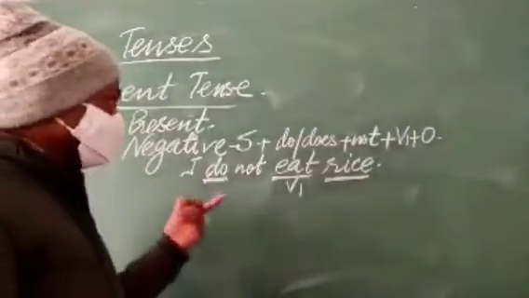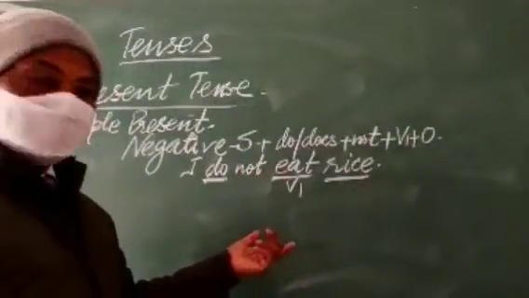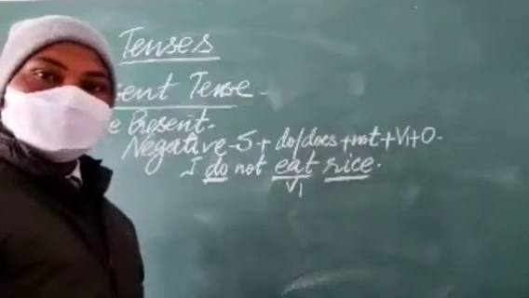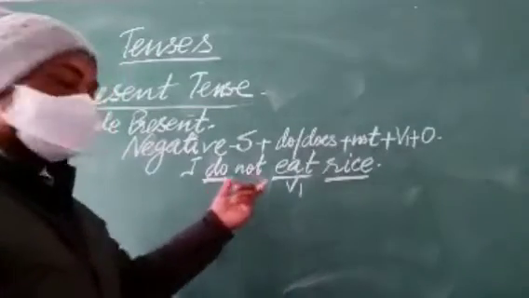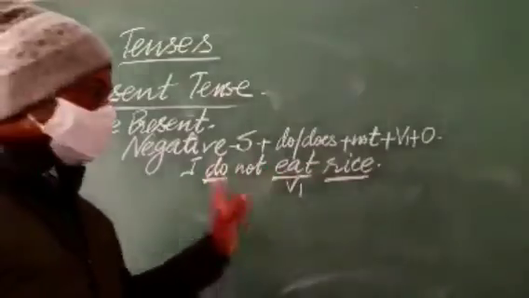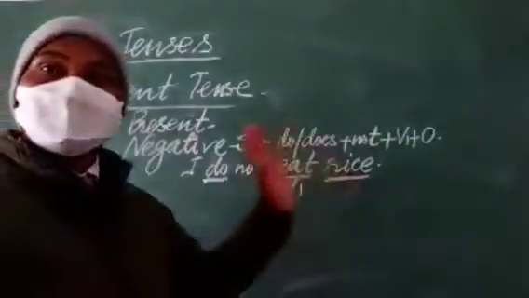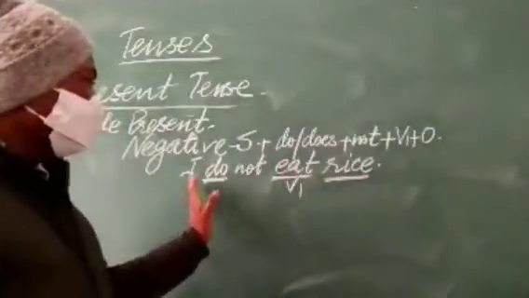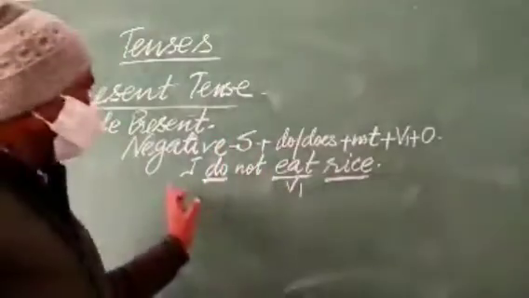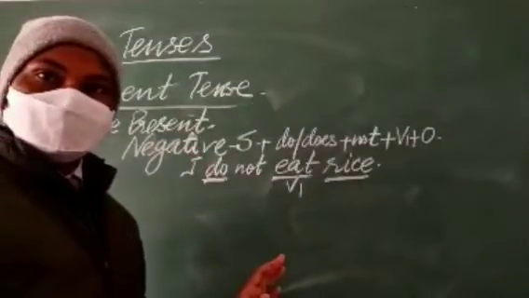And if I tell you to change the sentence into affirmative, if you change it in affirmative, then it will be I eat rice. So, I do not eat rice. This is a sentence in simple present negative.